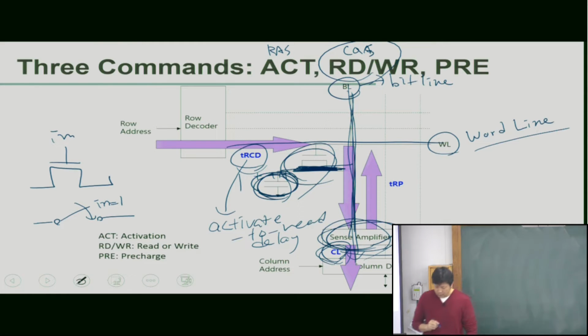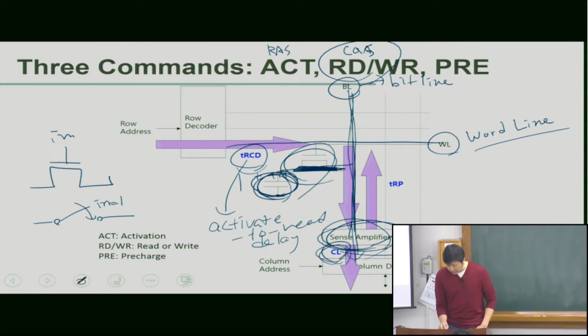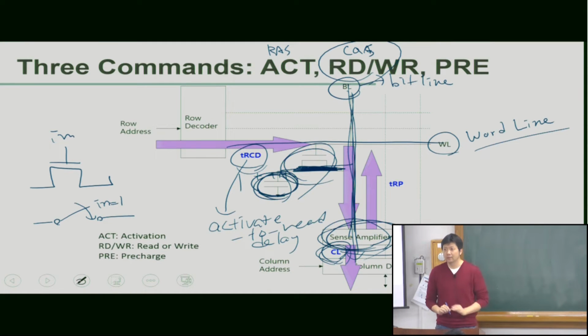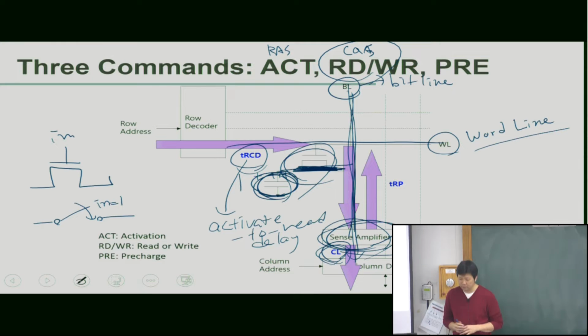Okay, and then finally, once you are done with your column access, you probably want to close this row. Closing this row means that, let's say you want to access a different row this time, like this one, right? Then what you need to do is first disconnect the connection between the two, and then you need to pre-charge this bit line to a certain predetermined voltage level.